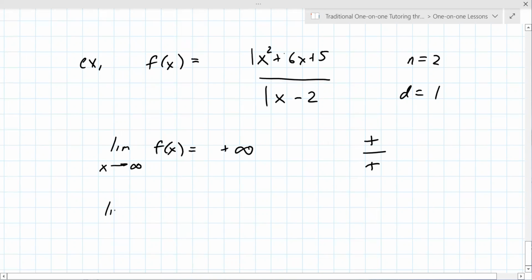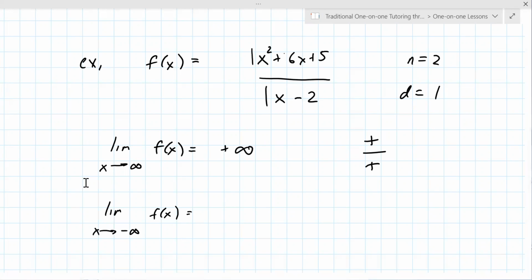So now let's go the other direction. Let's say the limit as x goes to negative infinity. And if I need to clarify this notation, I can. This is a calculus concept, so you may just want to write it down and not think too much about it till the next math class you take. But if you need to, we can go through that. So when x goes to negative infinity, you're looking at this leading term, x squared over x.